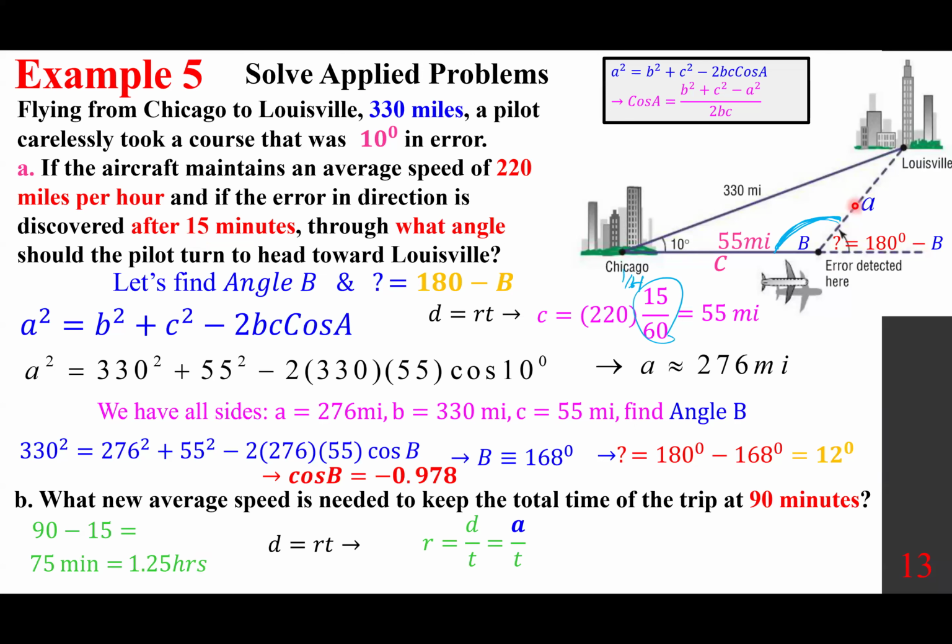So divide the value of A by 1.25, and that tells us we have to be going almost 221 miles per hour, 220.8 miles per hour, to make sure that we make it over the course of a total of 90 minutes. So that's the speed we need. If we add a little bit, change 220 to 221, almost 220.8, we make it.